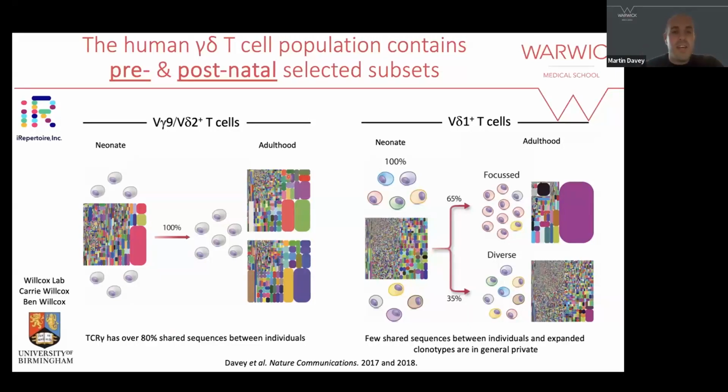It does suggest and support the idea that they're recognizing very similar things across multiple different cells within each individual. But then when we started looking at the V delta 1 cells, we found something much different. In the neonates, these repertoires were highly diverse. But by adulthood, you were finding major clones hyper-expanding within individuals, but also individuals that had remained diverse.